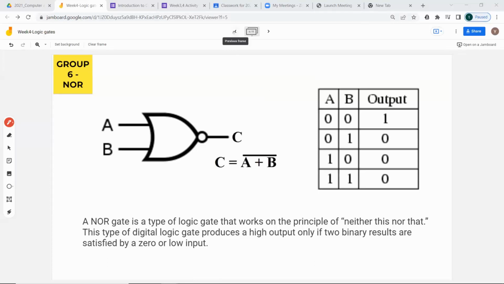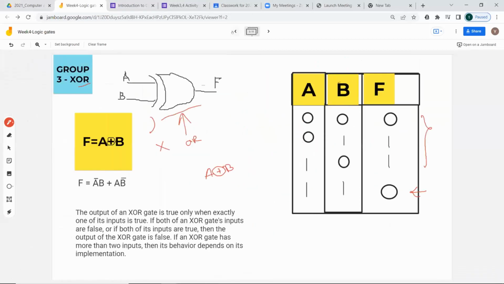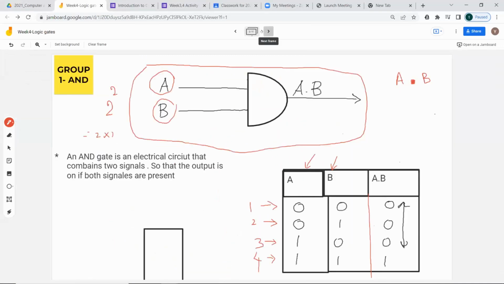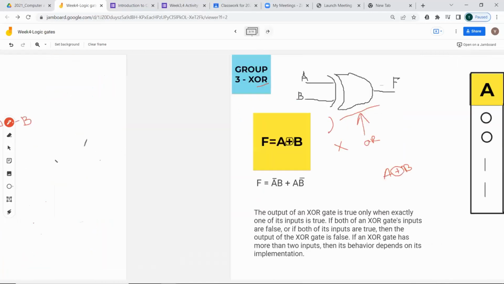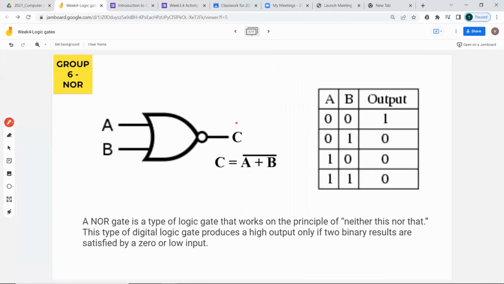Right. Now for this one, I would like to take you back to the OR gate. Here, when you are checking the output of the OR gate, you see 0, 1, 1, 1 according to this given format of the input. And when it comes to this one, again, we have an inverter along with the OR gate.